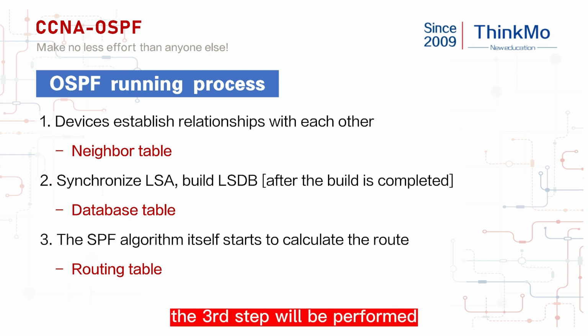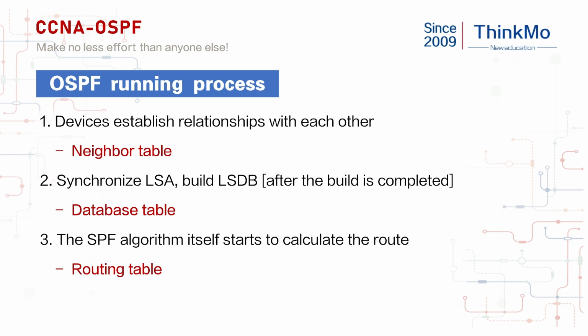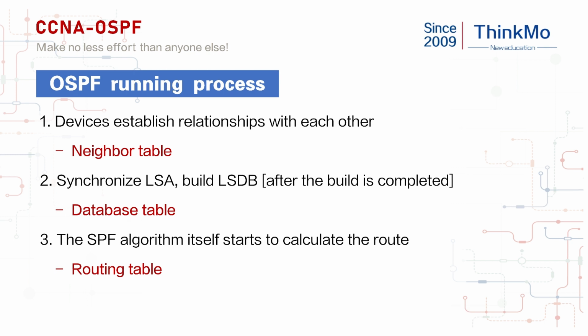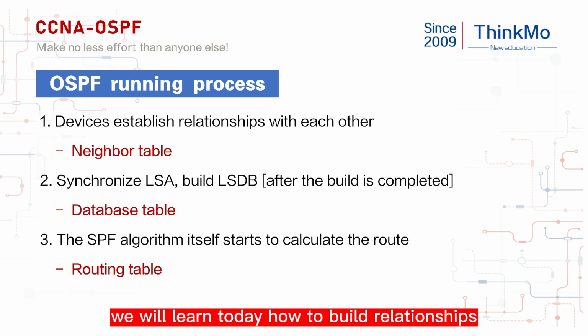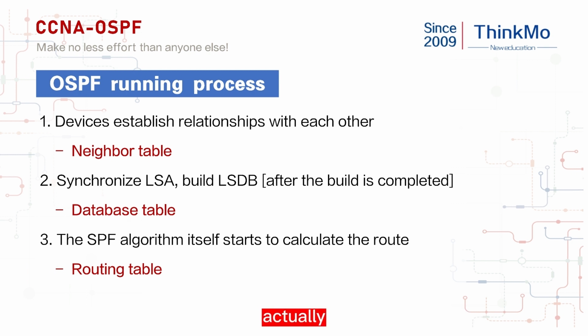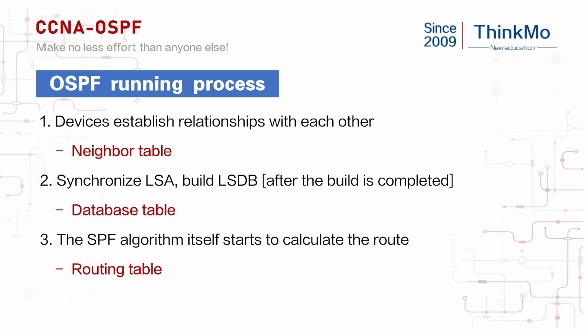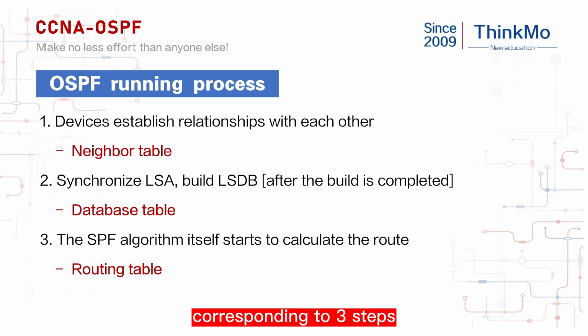The third step will be performed after the construction is completed. This is its process. You will focus on learning this in the NP stage. We will learn today how to build relationships. Actually, this corresponds to the three tables in OSPF: neighbor table, database table, and routing table, corresponding to 3 steps.